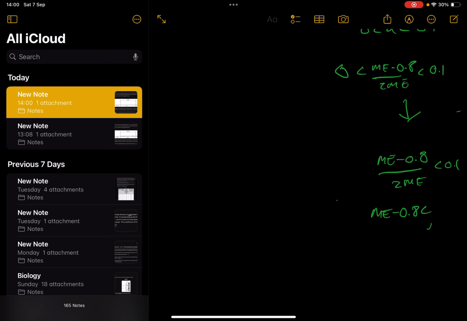That gets rid of this fraction, and multiplies 0.1 by 2m, so 0.2m is here.